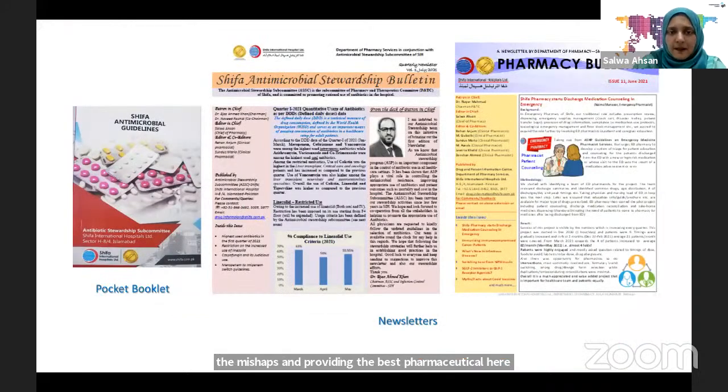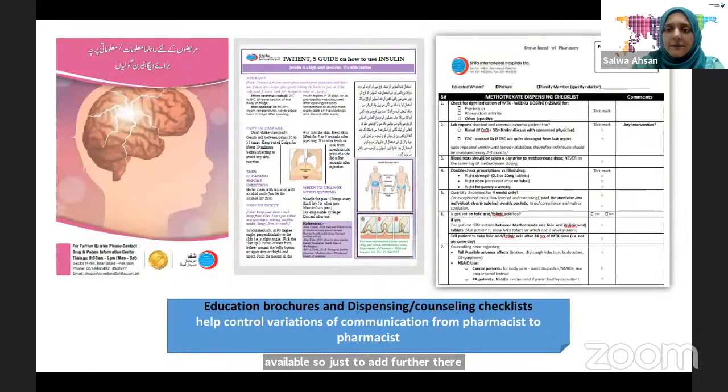Next, please. We have newsletters, antimicrobial stewardship bulletins, and pocket guidelines available, just to further aid their learning. And we have patient information brochures, and counseling checklists for high alert medication, so that every pharmacist performs that in a uniform manner.